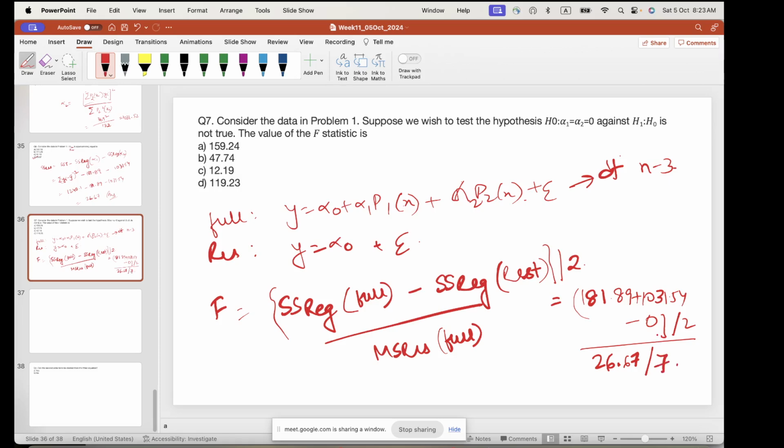So if we do this, 181.89 plus 1031.54 divided by 26.67 into 7, divided by 2, we have 159.24, which is the correct answer.